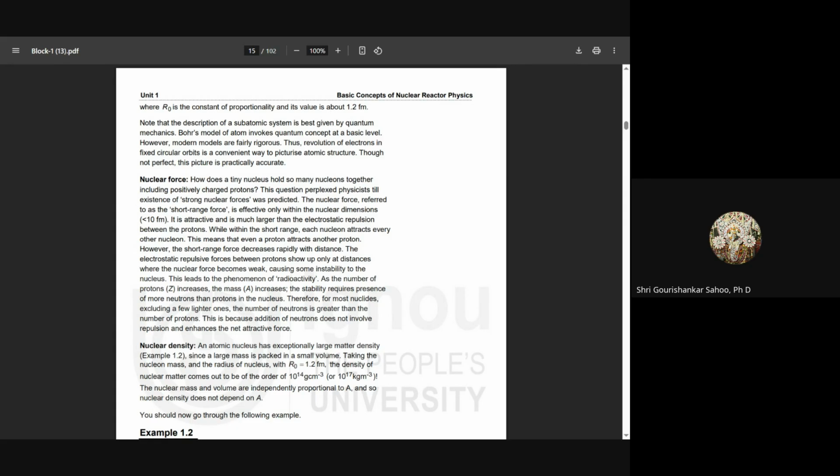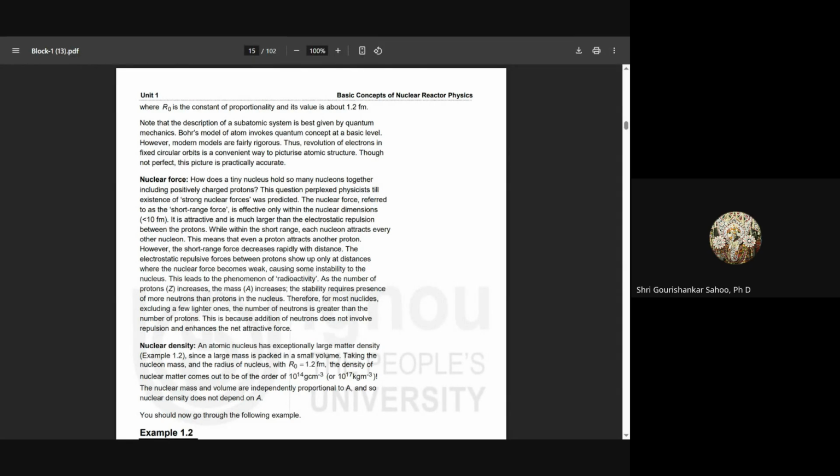r is the distance between two particles, or the radial distance between the two particles. Similarly, for the electrical force, you have the expression F vector is equal to 1 by 4 pi epsilon 0 q1 q2 by r square r cap.